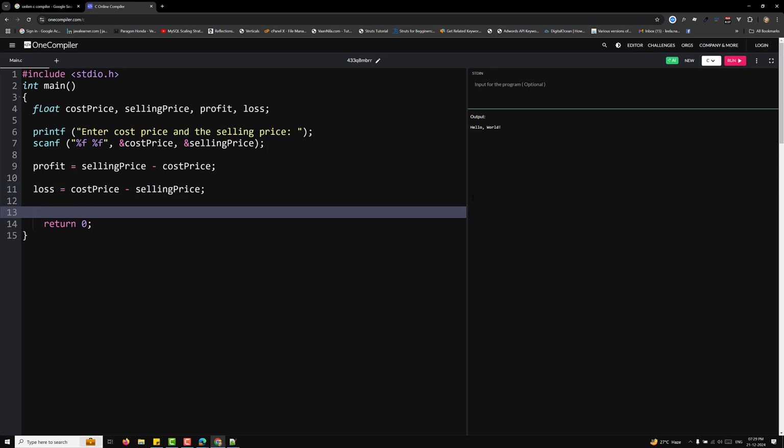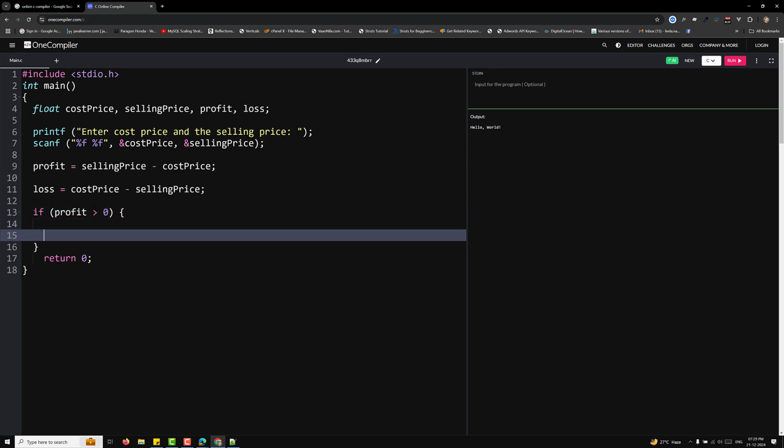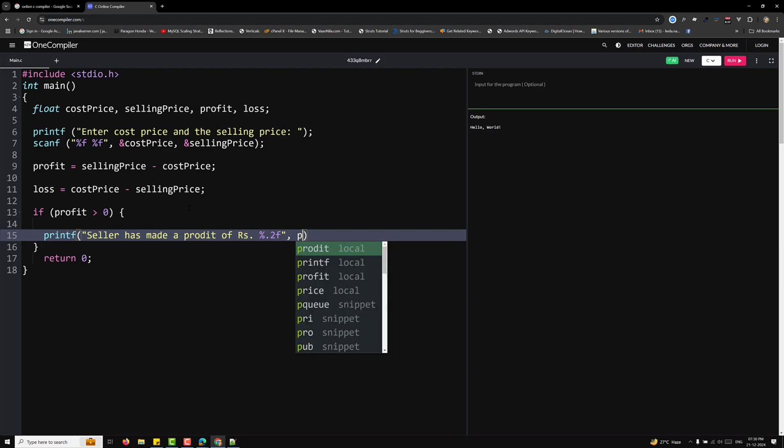Now we will use the profit condition. If profit is greater than 0, that means we got a profit, so printf "Seller has made a profit of rupees percentage 0.2f", and here I write the profit.